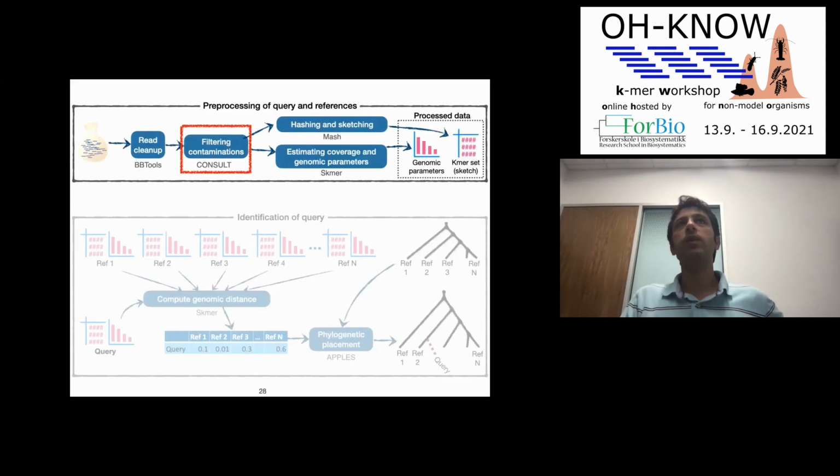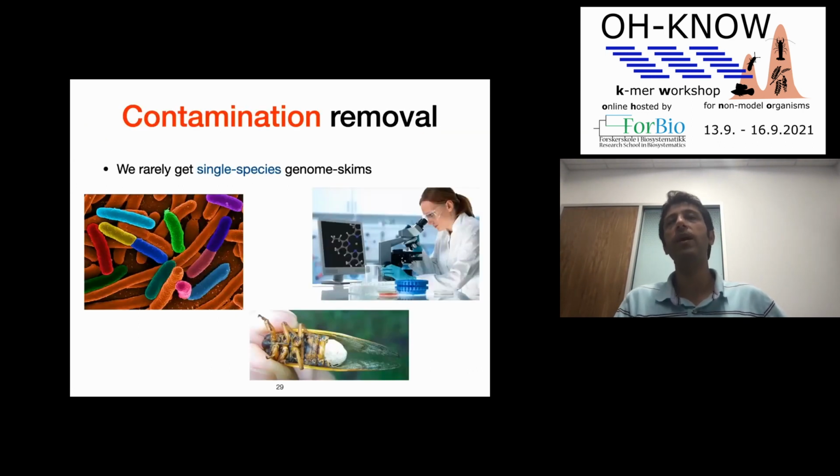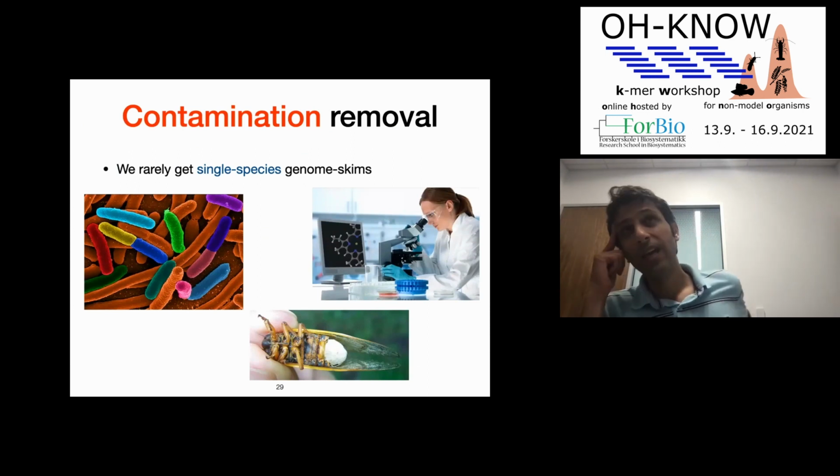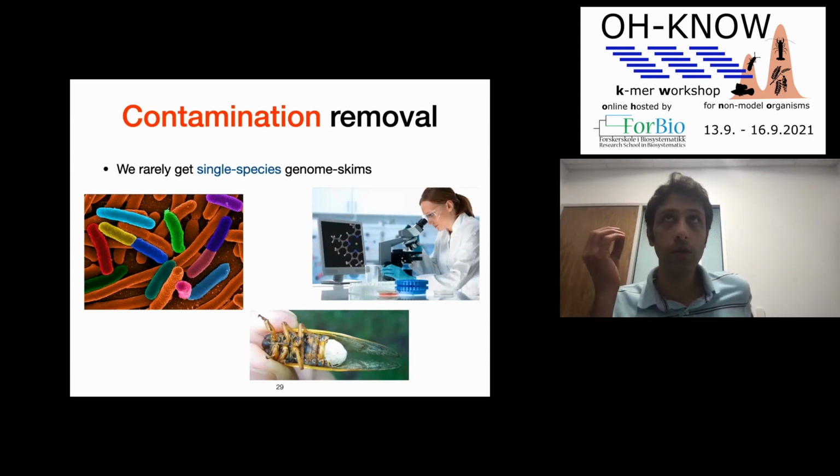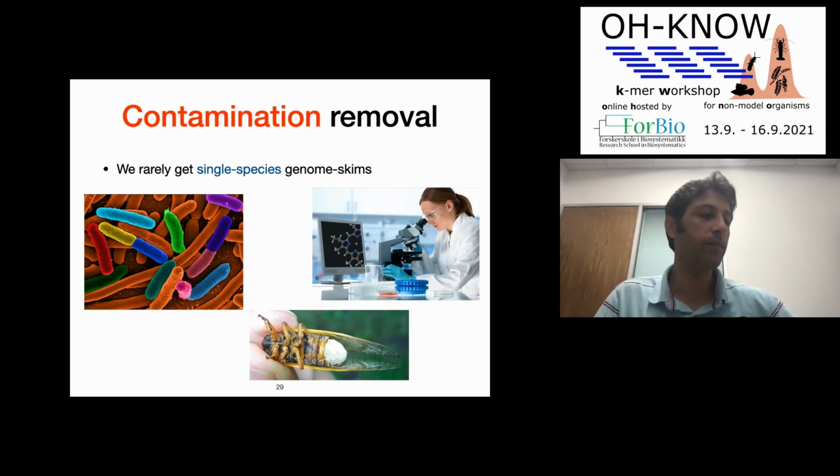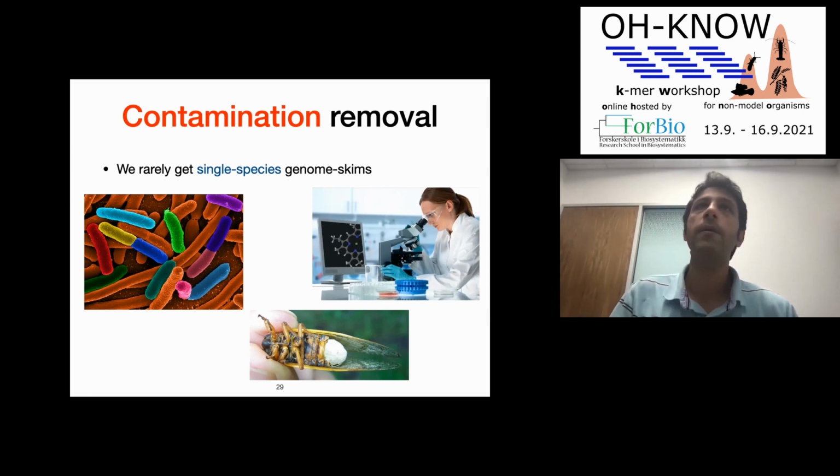Okay, so contamination, right? If you have reads after you do BBTools, you have to deal with contamination. What do we mean by that? When you have a genome skim, it usually includes DNA from your species of interest, but also other things. It almost always includes a little bit of human. Human contamination is really hard to avoid.